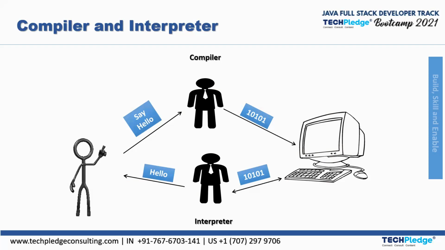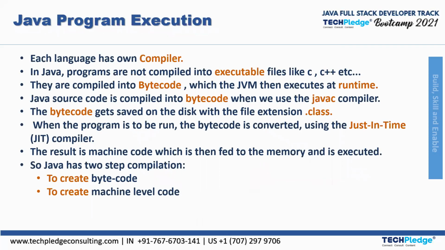Now let me go into the entire execution of the program. Each language has its own compiler, as we know. The one feature that Java has is that it does not compile its program into an .exe file, which makes it portable and platform independent, as I've already explained in the previous modules. Instead, programs are compiled into bytecode, which the JVM then executes at runtime.